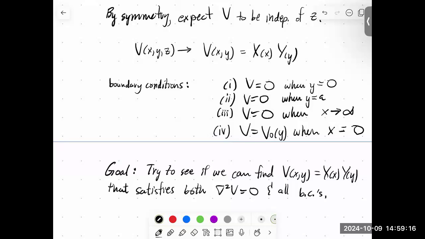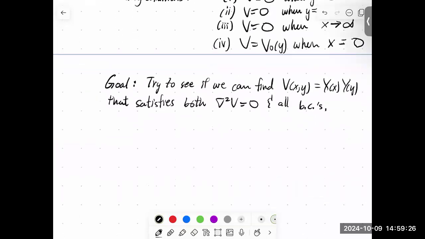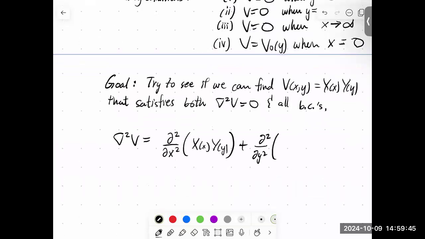Okay, so all we're going to do is take this potential and shove it into Laplace's equation. So del squared v is going to be equal to 2 x derivatives of the separation of variables form of the potential, and then 2 y derivatives, same thing.